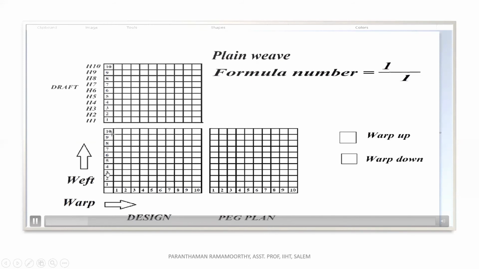The graph indicates warp and weft arrangements. The horizontal lines indicate weft and the vertical lines indicate warp. Here we are using the graph to indicate the design, draft, and peg plan.